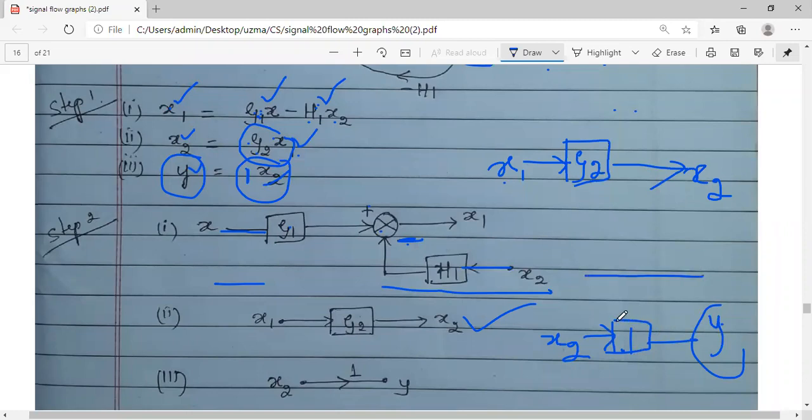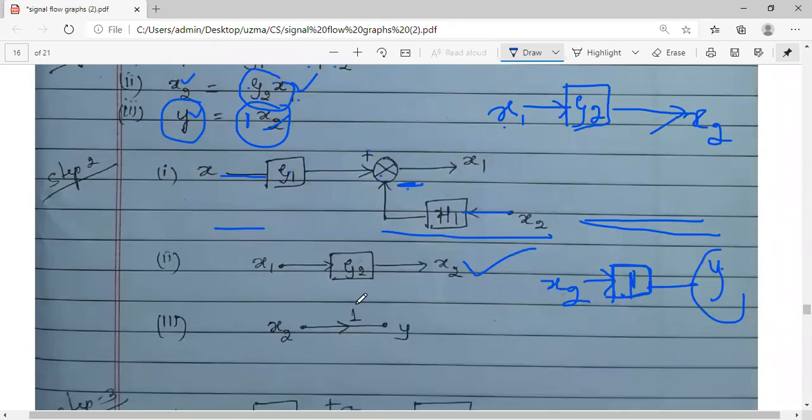Even if you use a single line, no need to put a block and write gain value here, because anyway it is 1. So even if you directly connect a line, it indicates it is having unity gain. You have even seen in your amplifiers, unity gain amplifier, op-amps you have studied. So if you use a single line without any block, it indicates this particular device will have a unity gain. No need to mention also.